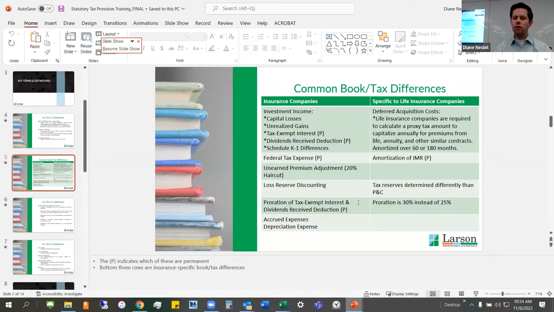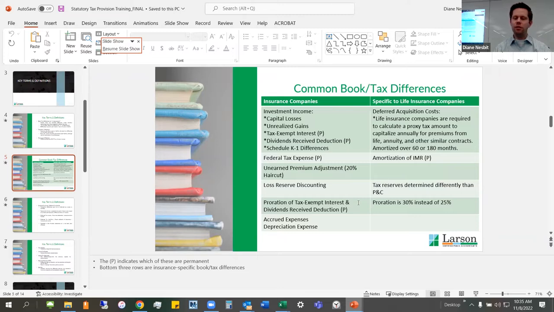And for P&C companies, backing up really quickly, when you look at property and casualty or health companies, most things are treated the same. They both file 1120-PC, so a lot of these rules are the same for P&C and health companies.